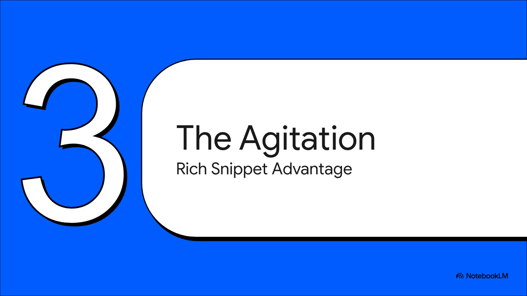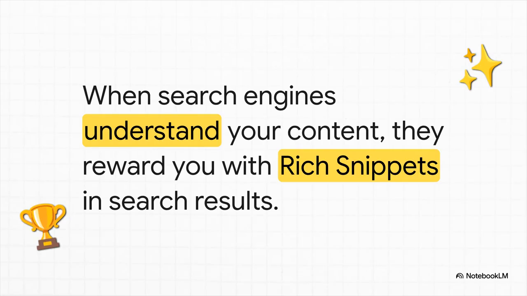Okay, I get it. You might be thinking, why should I bother with all this? What's the big payoff, right? Well, it's all about grabbing attention and standing out with something called rich snippets. See, when a search engine truly gets your content because you use structured data, it rewards you. It can show off your information in way more interesting and useful ways, right there on the search results page.